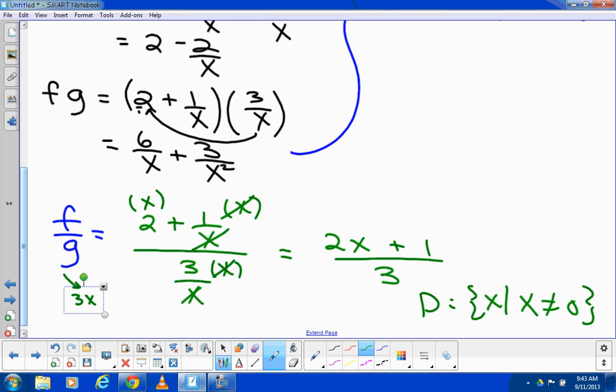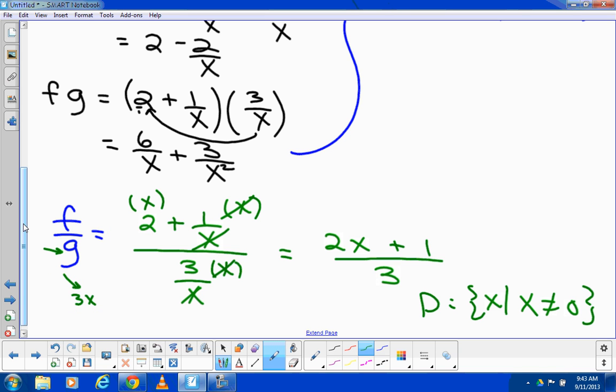I was just remembering what G of X was. The thing about the division one is it's the same as what the first three were, plus this right here cannot equal 0 either. So with division, you have to take an extra precaution. It just so happened that I got 0 again.